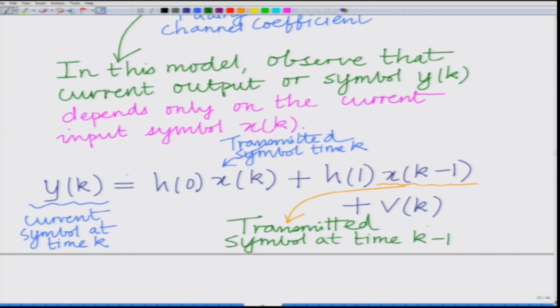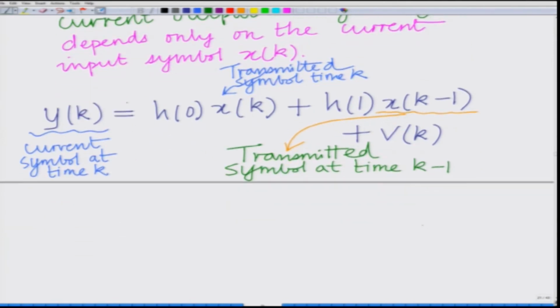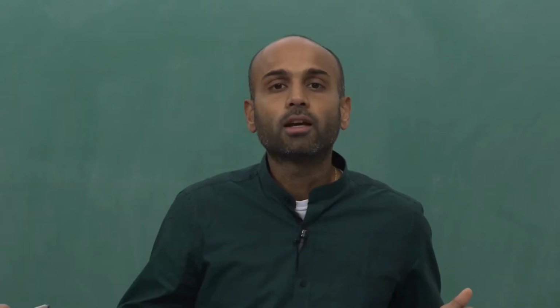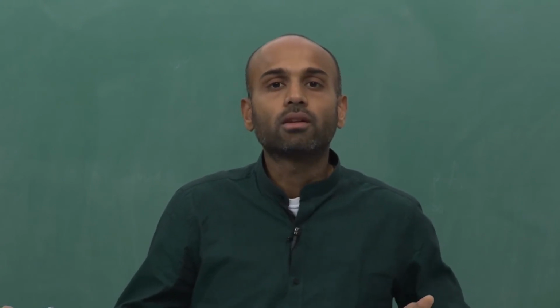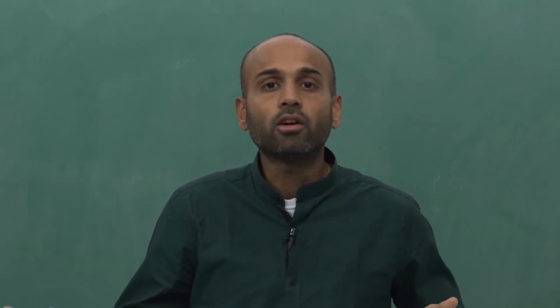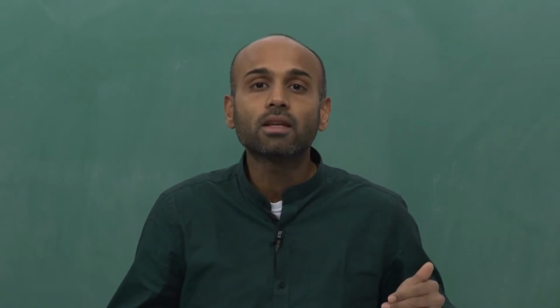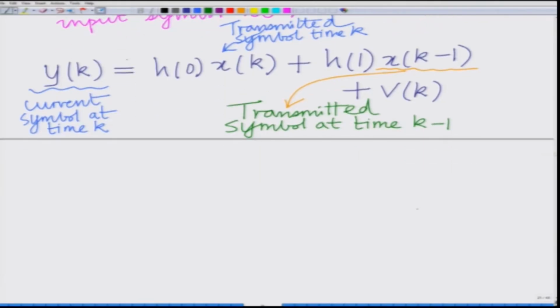So what we are observing is that, unlike previously where the received output symbol yk depends only on the transmitted symbol xk at time instant k, in this scenario the output symbol yk depends not only on xk, but also on the previous symbol, that is xk minus 1. Let us write this down, since this is an important aspect.